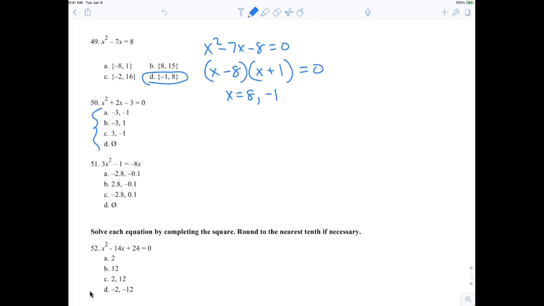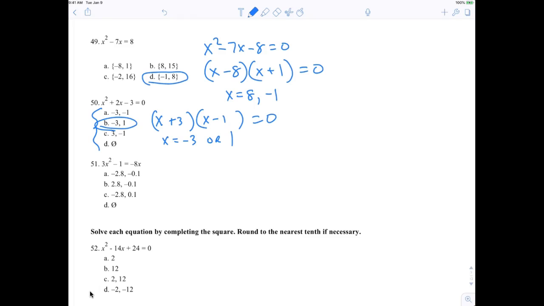Obviously this is going to be factoring. All right, so here we go. Factoring that becomes, we're thinking plus 3 and minus 1. So x equals, oh wait a minute, negative 3 or 1.